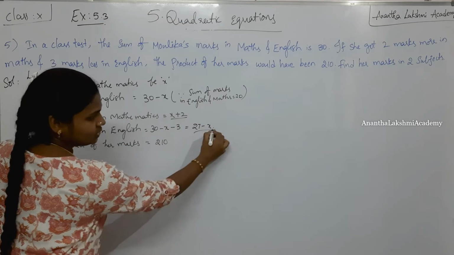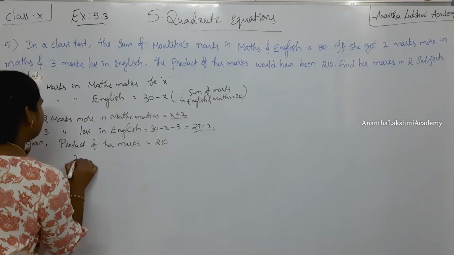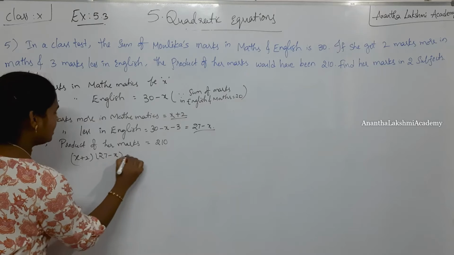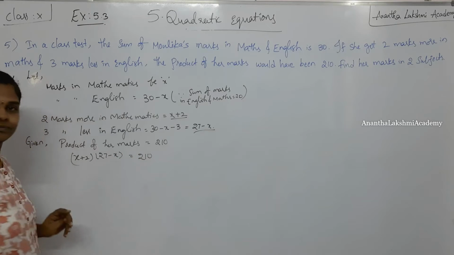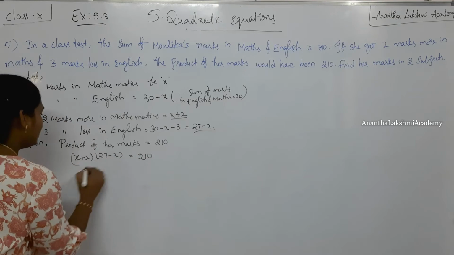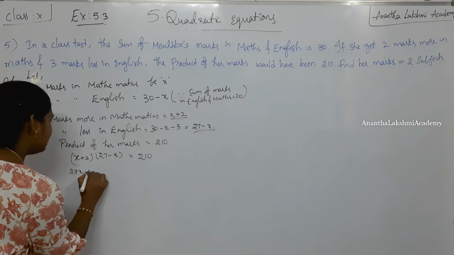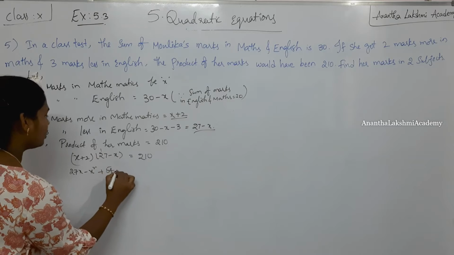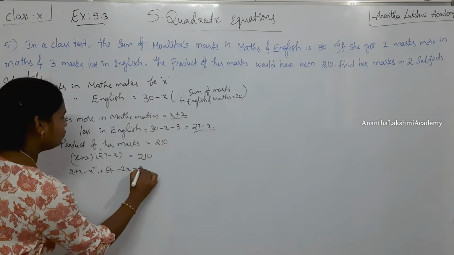The product of these two entities is 210. So this is going to be x plus 2 into 27 minus x is equal to 210. Let us do the multiplication: 27x minus x square plus 2 sevens are 14, 2 twos are 4, 54 minus 2x is equal to 210.